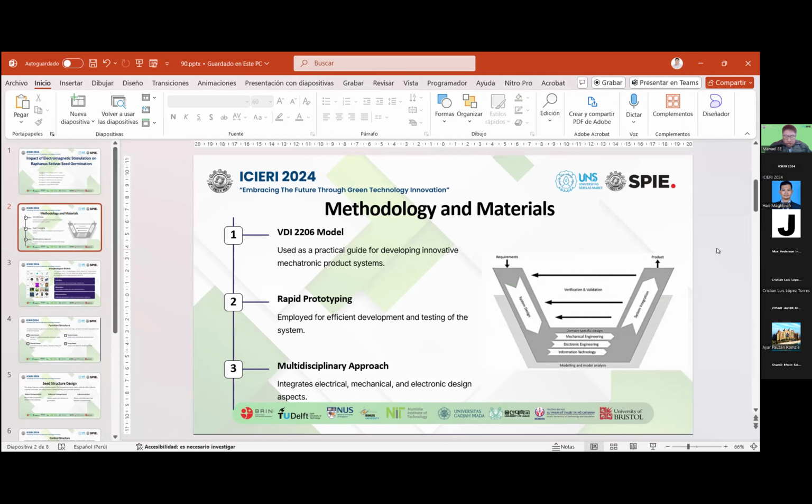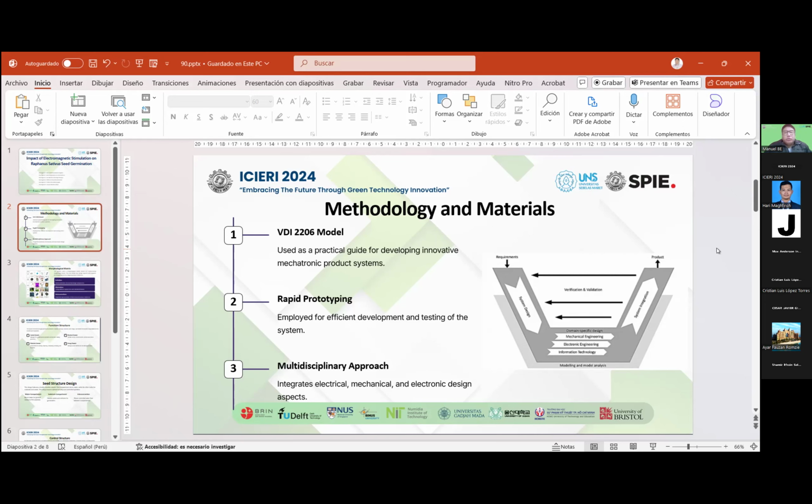It is considered appropriate to use the German methodology VDI 2206 as a practical guide for the development of innovative mechatronic product systems.